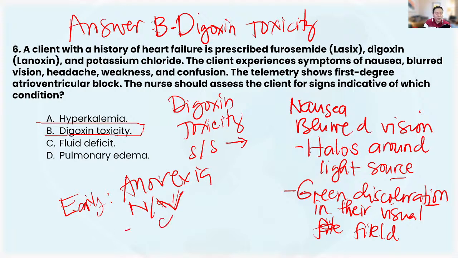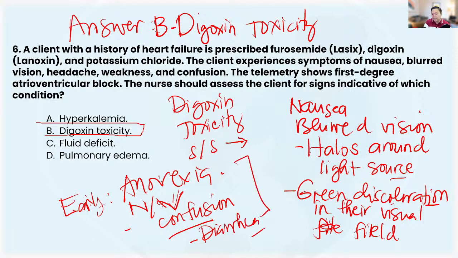What else? Confusion, disorientation, okay? Later on, they're going to have those other manifestations. So look for this, ANV: anorexia, nausea, vomiting, confusion, and also the diarrhea. Okay, so those are the most common manifestations of digoxin toxicity.